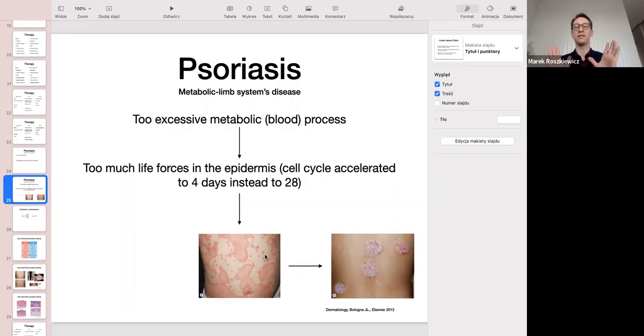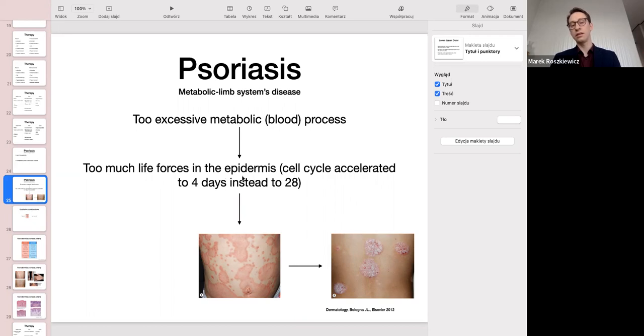But this redness, this building up process, we can see in other patients too, not only psoriatic ones. When we see, for example, lichen planus, when the skin is rising up, there we should search for the metabolic limb dominating aspects.